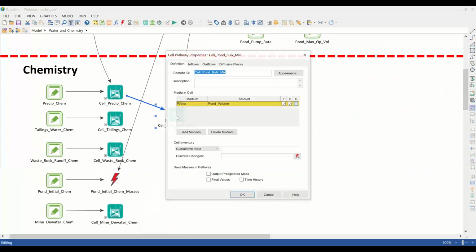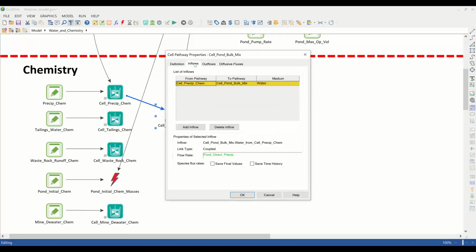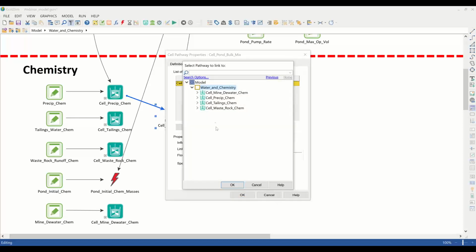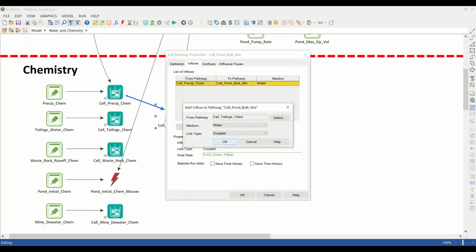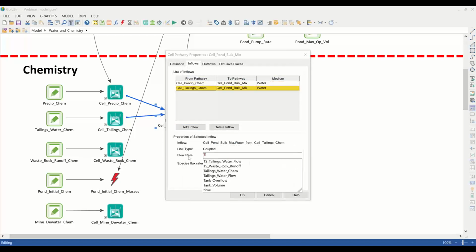So I'm going to go back in here again, and I'm going to do the same thing for the inflows. I need to add an inflow from the tailings. So from the tailings cell pathway, I'll select it. And then I will add in its water flow.